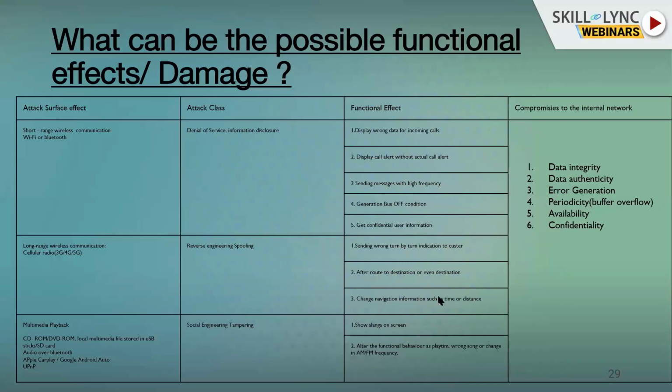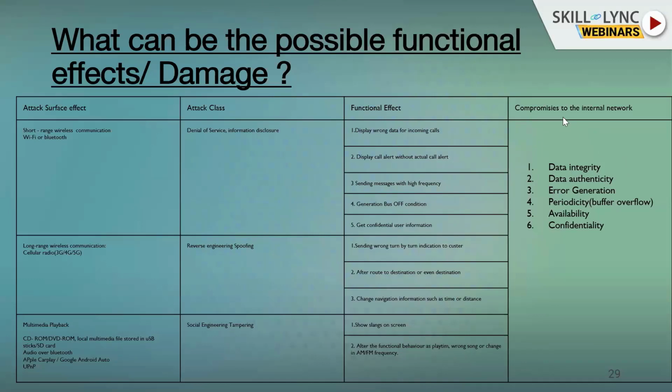You can do all those things, which could really put the user into trouble. In the case of multimedia, which could also be attacked using social engineering tampering, you can show slang on the infotainment screen, or alter the functional behavior of the entertainment functions running over the API. You can change the songs; you can do anything over the infotainment system.